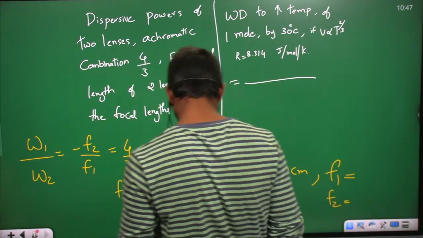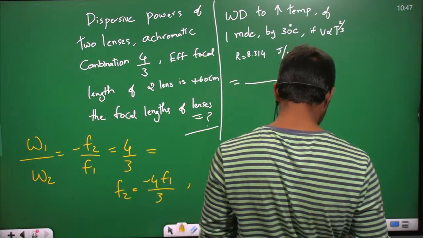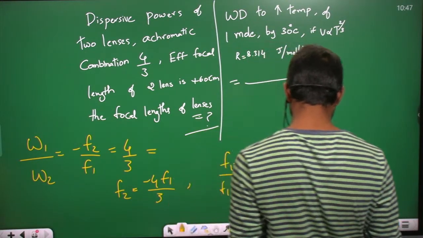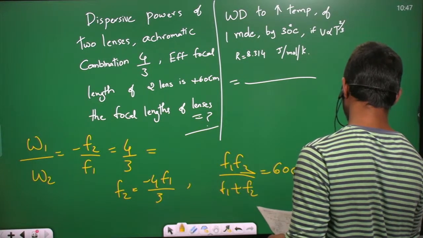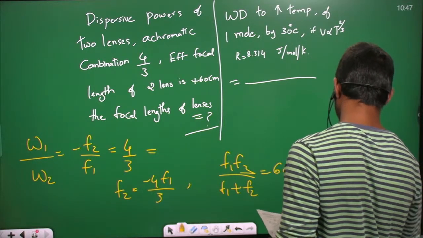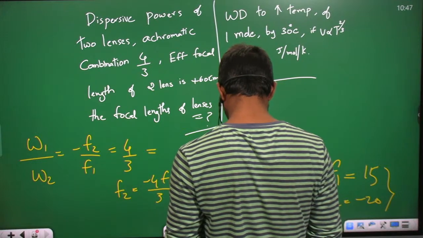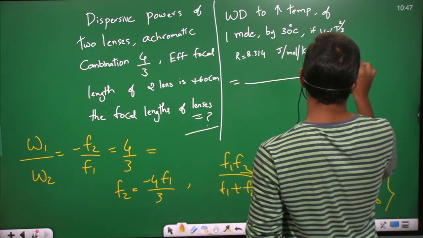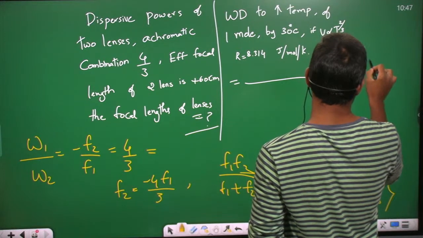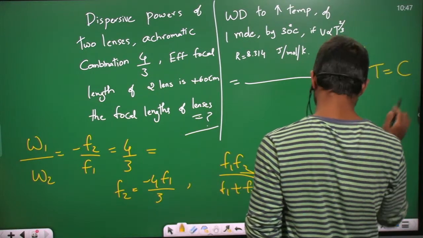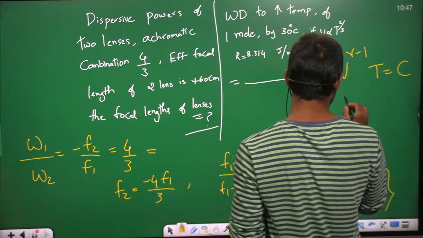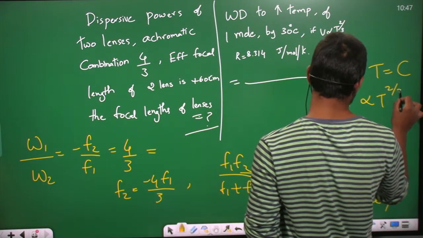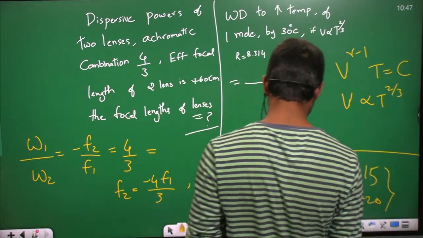So if you try to look at the other question, minus 15 minus 20, right? So something this way. So here it is said that V power gamma minus 1 into T is equal to constant, right? Given that V is proportional to T power 2 by 3, right? Okay.